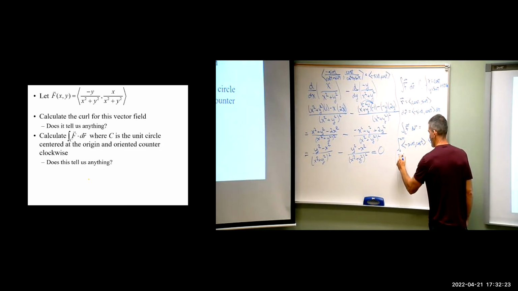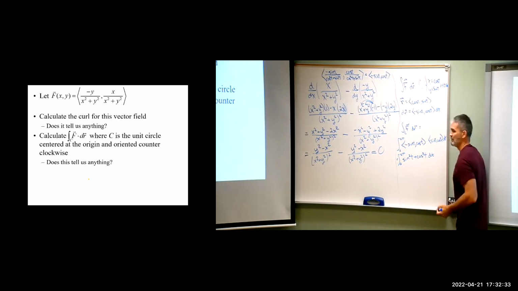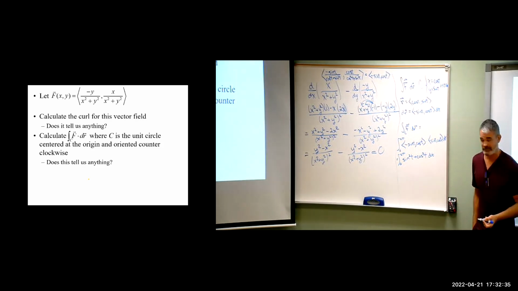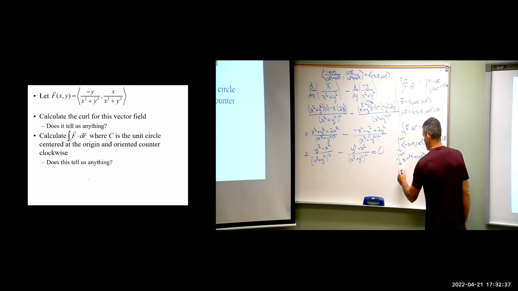So 0 to 2 pi, we're going to end up with a sine squared t plus cosine squared t dt. Pythagorean identity again. So we end up with the integral from 0 to 2 pi of 1 dt, which is just 2 pi.